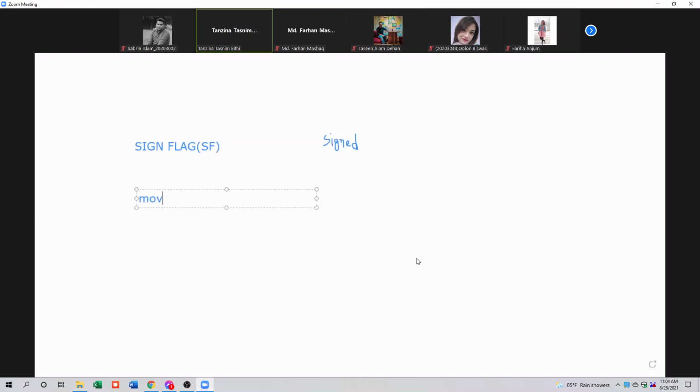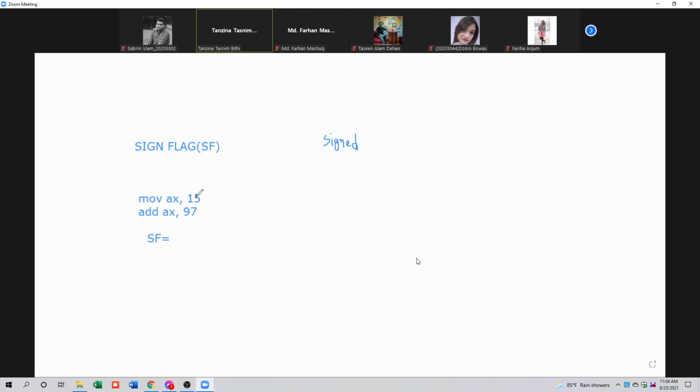Suppose the example is MOV AX, 15 and ADD AX, 97. After this operation, what will be the value of the sign flag register? This flag register will indicate the sign of the result after an operation.